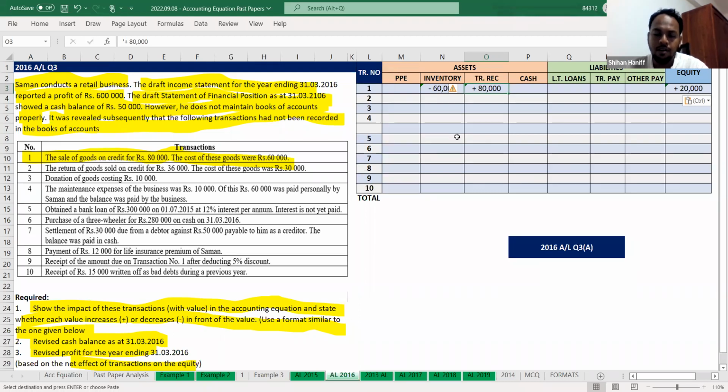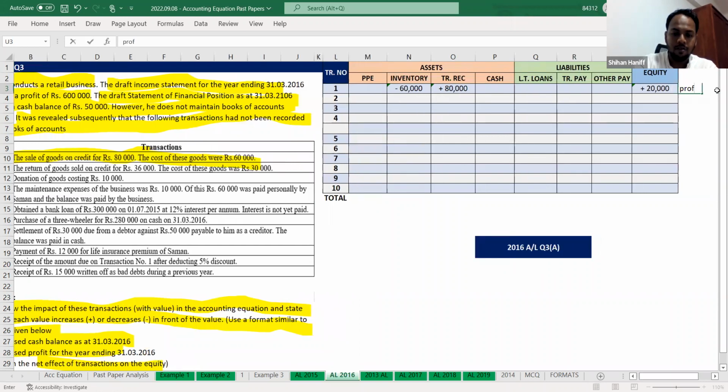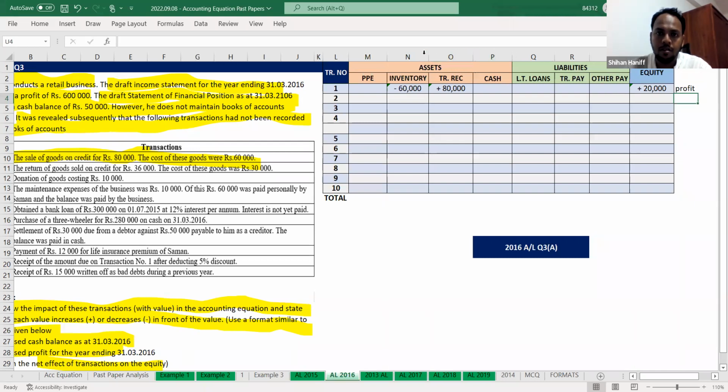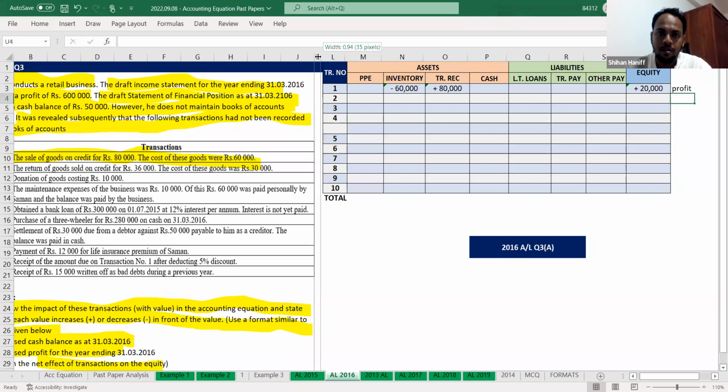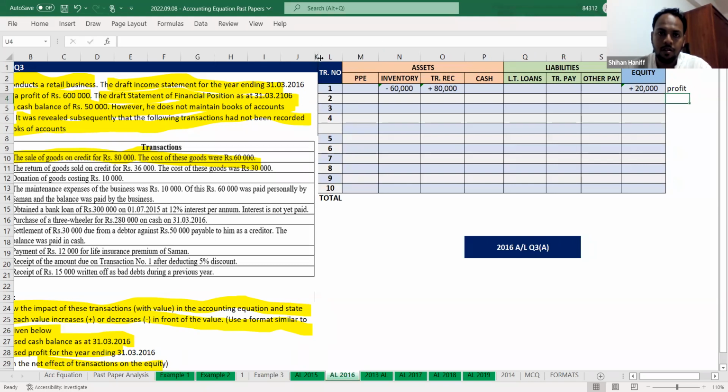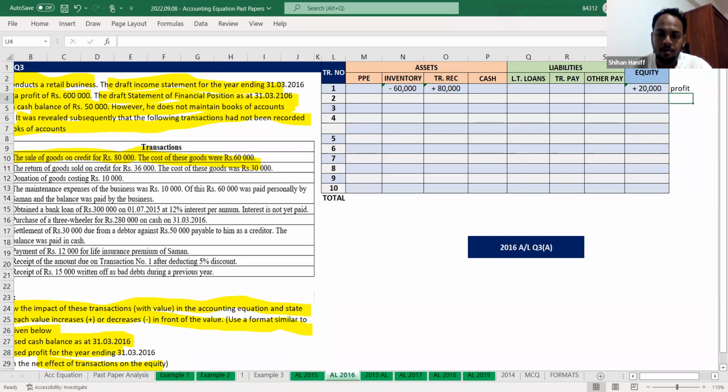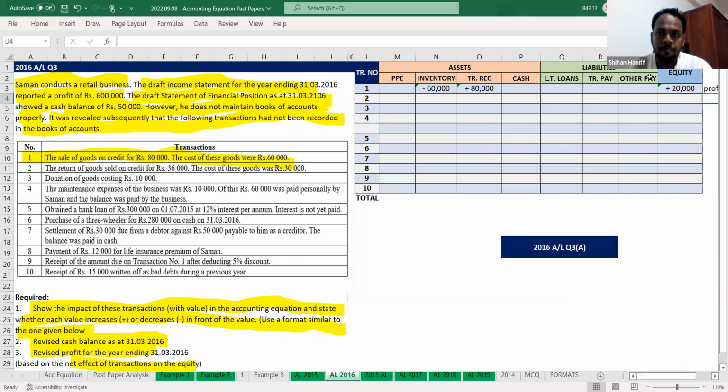And 20,000 is profit, equity. Let's say this is profit.